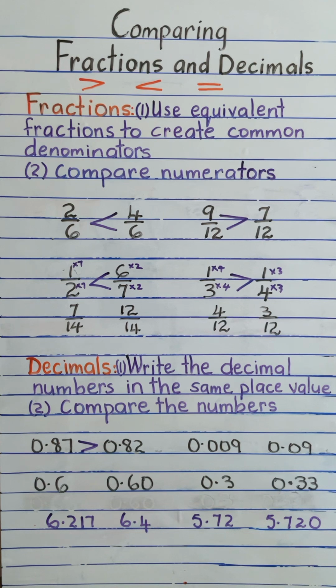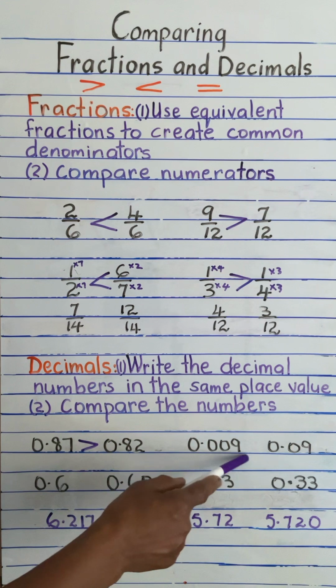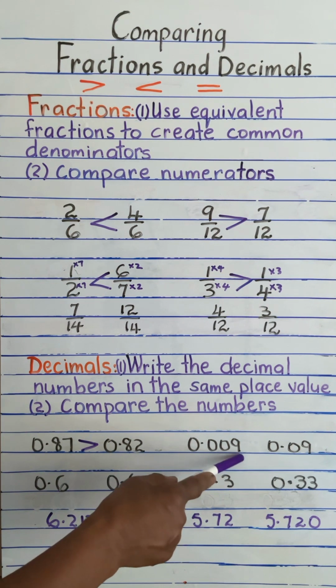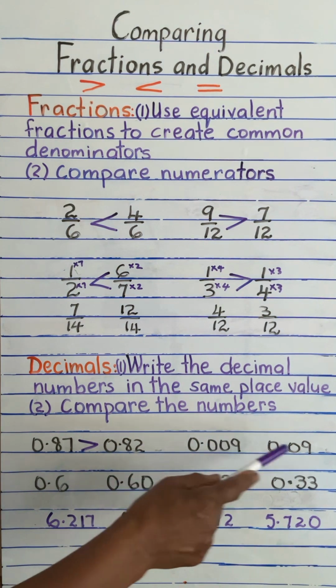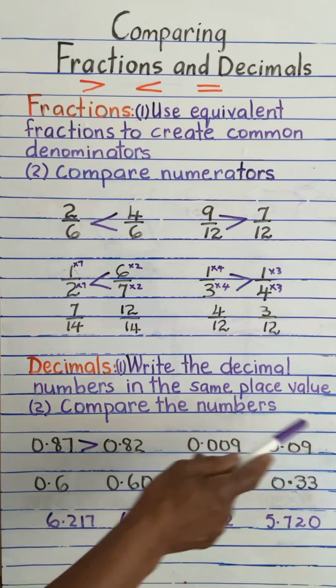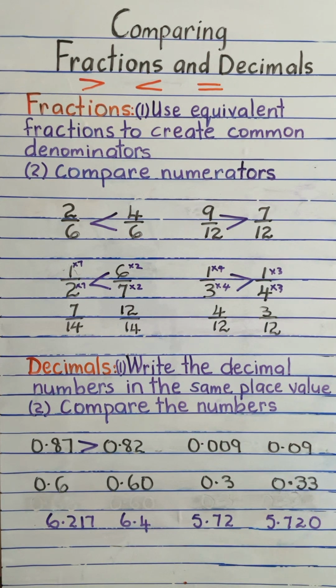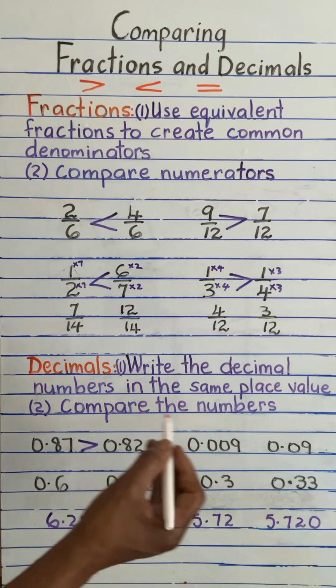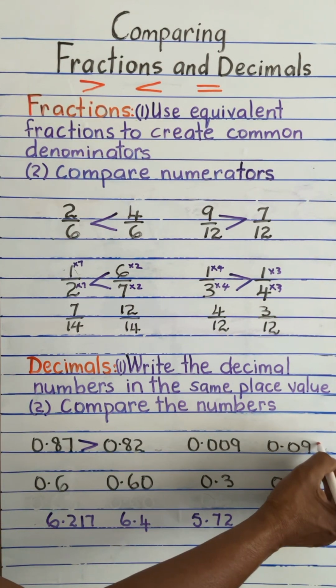Next, we have 0.009 and 0.09. Now, this decimal has 3 places. That means it went up to thousandths. So we have to write this one in thousandths as well. And remember that placing a 0 at the end of a decimal does not change the value. So we're going to put a 0 as a placeholder.